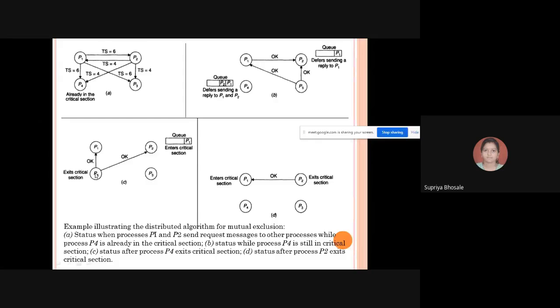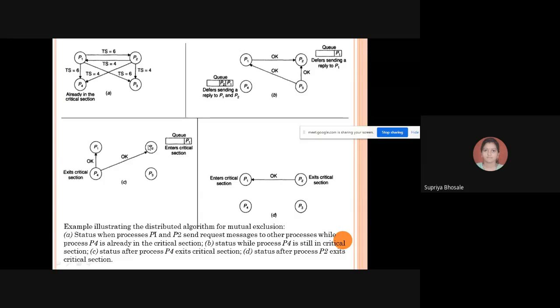That is why from the critical section this P4 will send okay message to both P1 and P2. त्यामुळे त्याचा क्यू या ठिकाणी एम्प्टी होऊन जाईल. बरोबर आहे. ह्यानं ओके मेसेज या दोघांना पाठवलं.